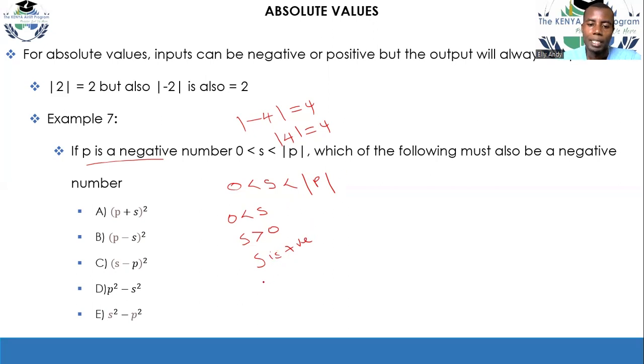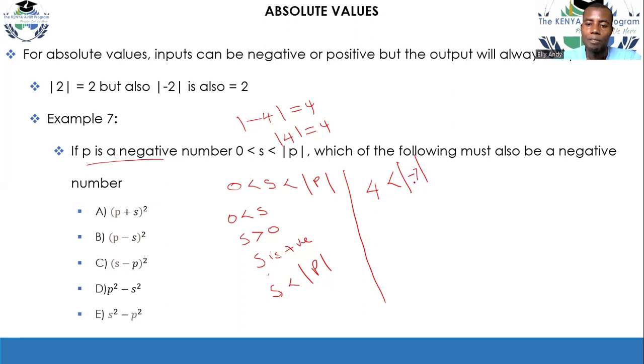Again, we can tell that P itself, without regarding its sign, is greater than S. Because if we have this relationship here, S less than the absolute value of P, then it can only be true if P itself is greater than S. Look at this example. Say you have something like 4 is less than the absolute value of -7.